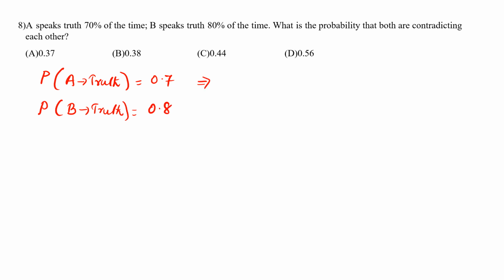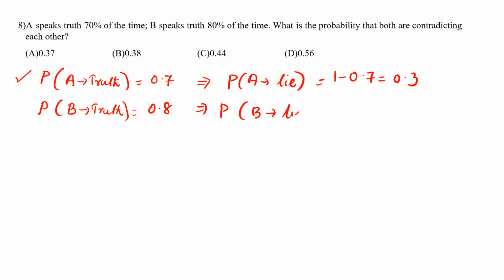Now what is the probability that A is telling a lie? That is the complement of this, that is 1 minus 0.7, which is equal to 0.3. Now what is the probability of B lying? That is the complement of this, that is 1 minus 0.8, which is 0.2.